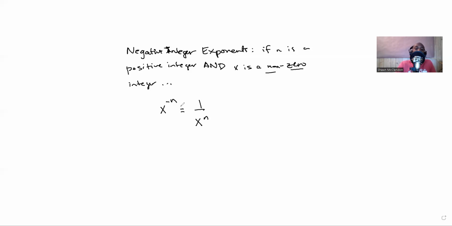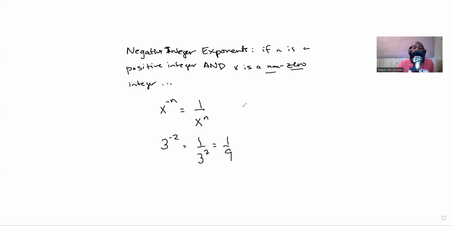Okay. So for example, it's always good to illustrate this with real numbers. So 3 to the negative 2 power is equal to, looking at this rule, 1 over 3 squared, which is equal to 1 over 9.